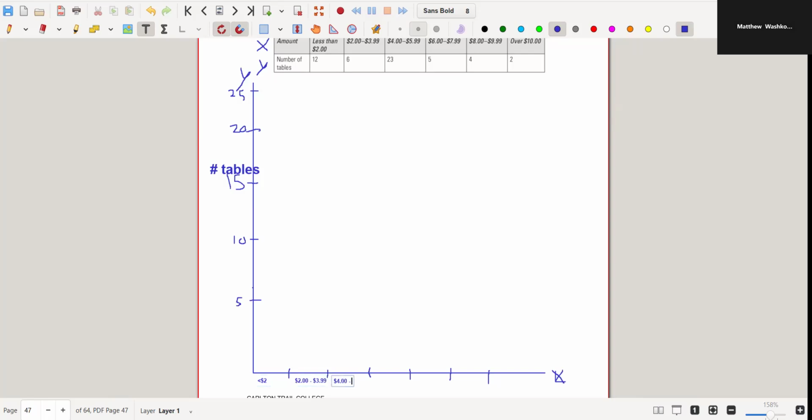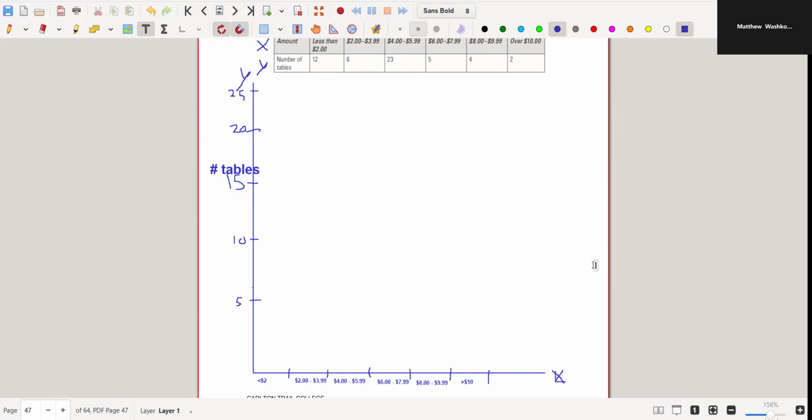You need to be specific. $4 to $5.99. Next category is $6 to $7.99. Next category here is $8 to $9.99. And then we just put over $10.